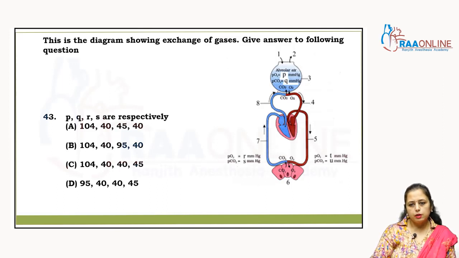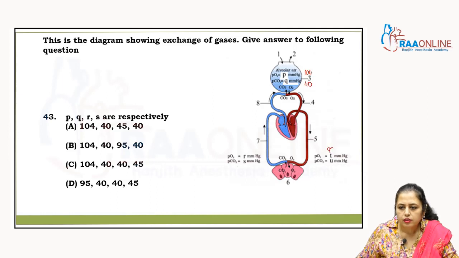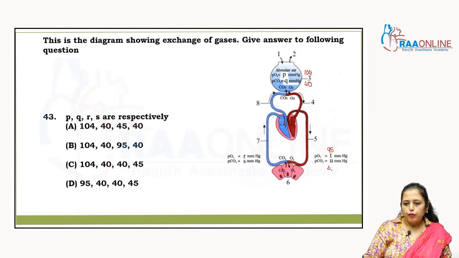Now come to that question. This is the diagram showing the exchange of gases, right? In the alveolar air, P is 104, Q is 40.